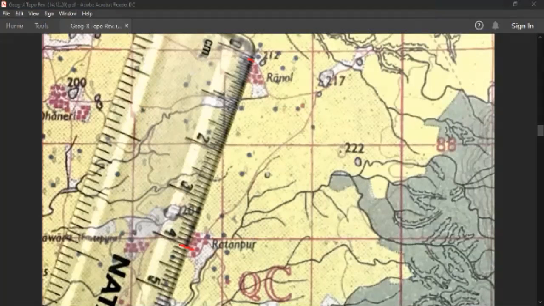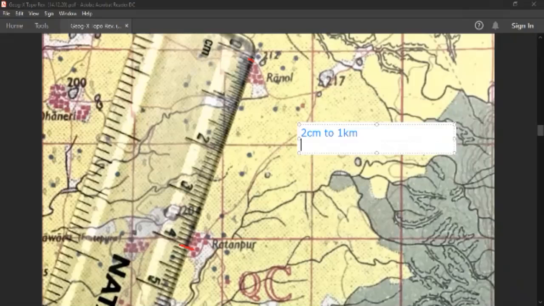Whereas, as we know that the map scale is 2 centimeters to 1 kilometer. So what we are going to do? What will be the distance of 4 centimeters representing on the ground?